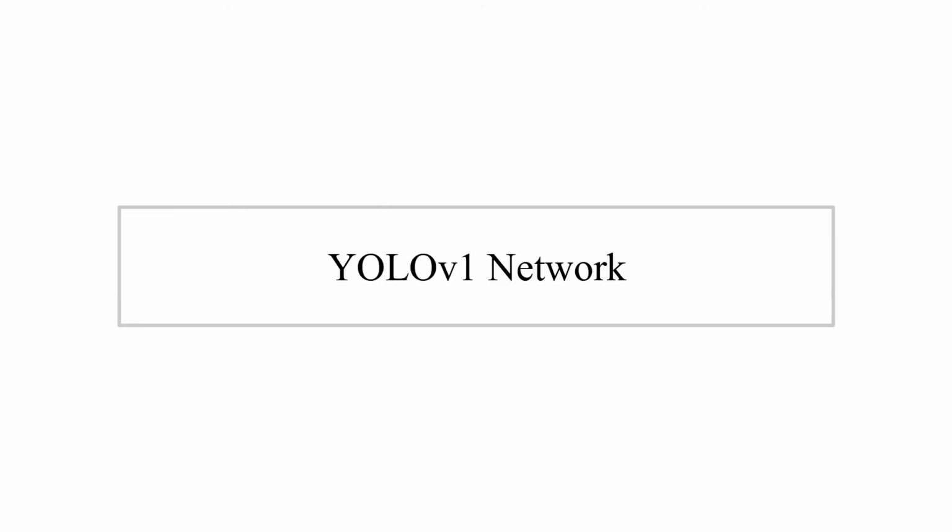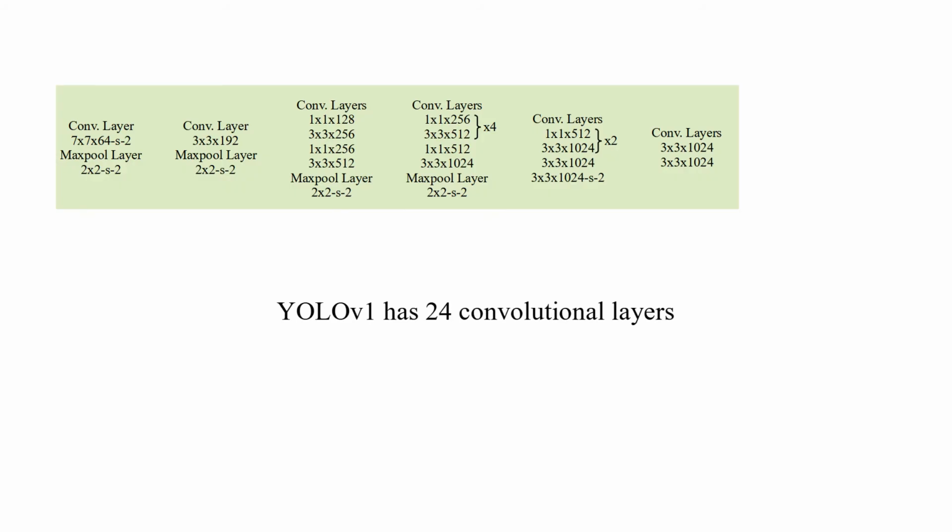YOLO version 1 network. YOLO version 1 has 24 convolutional layers and 2 fully connected layers.